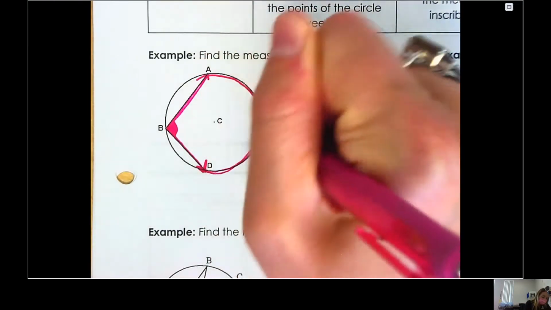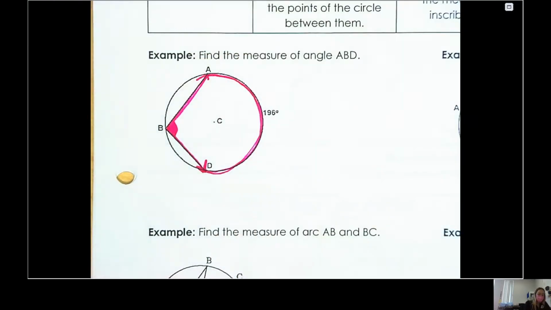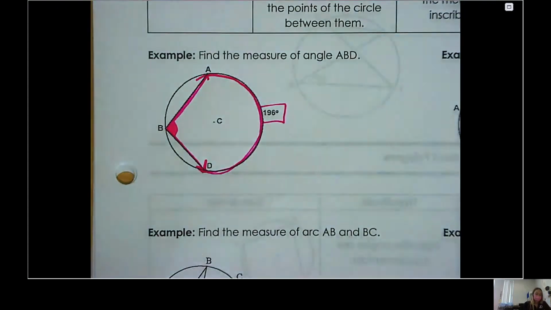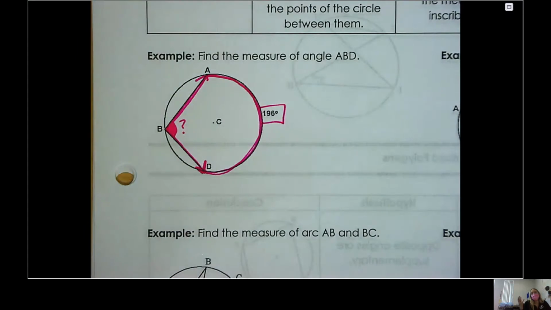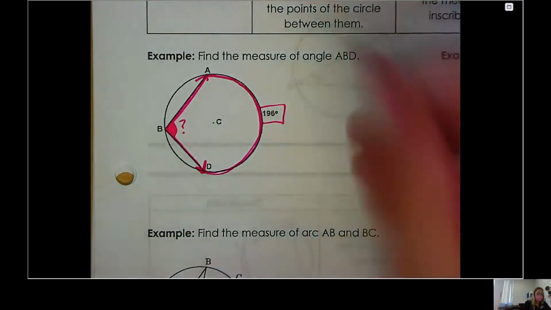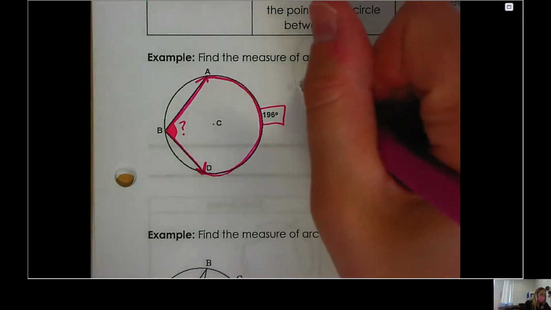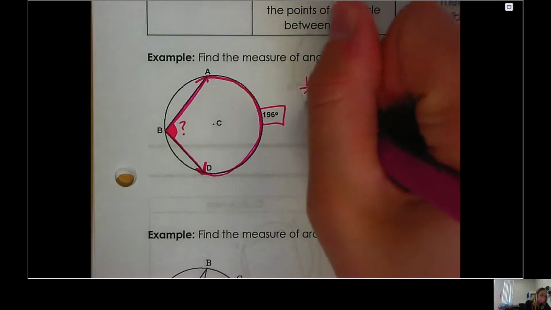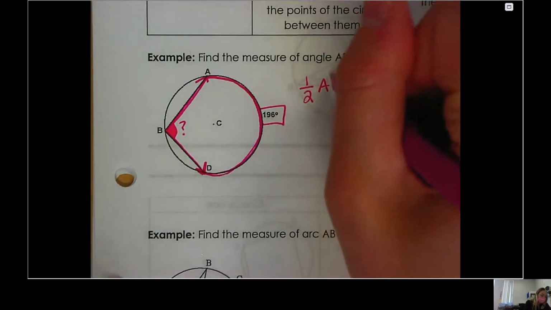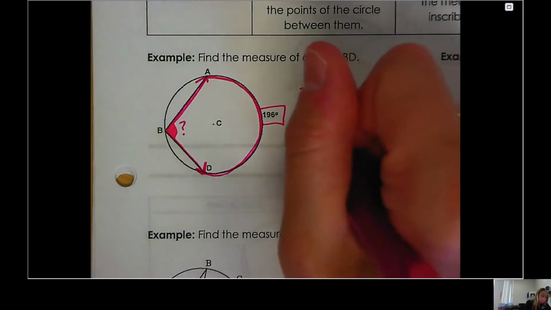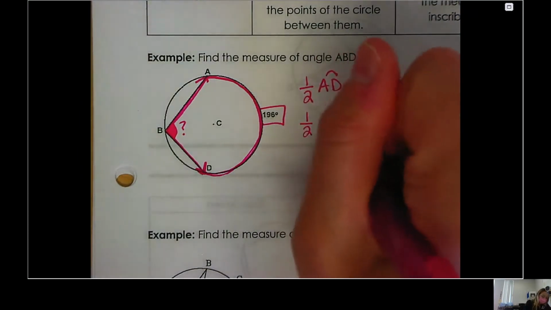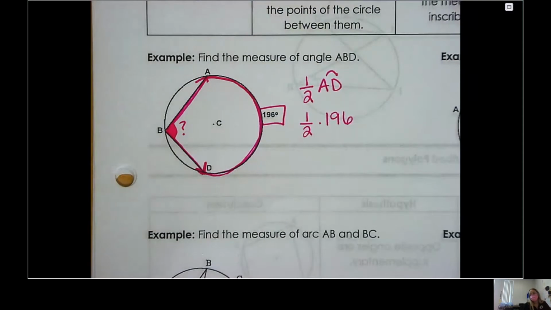Now, I tell you what arc AD is. It's 196. So this arc is 196 degrees. How do I figure out what this angle is? Take half of it. Exactly. So to find angle ABD, I'm going to take half of arc AD. In other words, half of 196, or 196 divided by 2.